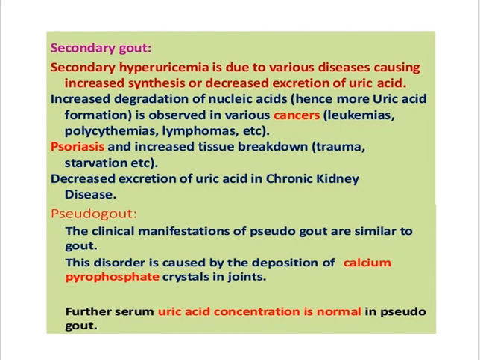There are also some conditions related to increased tissue breakdown, like starvation or trauma. Then there are some conditions in which the excretion of uric acid is decreased. These are chronic renal diseases, in which the uric acid excretion is reduced.